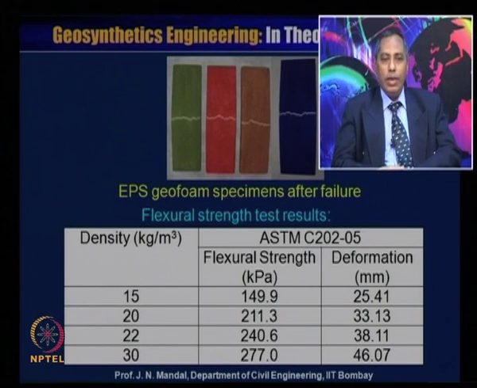When density is 22 kg per meter cube, the flexural strength is 240.6 kilopascal and deformation is 38.11 millimeter. When the density is 30 kg per meter cube, flexural strength is 277 kilopascal and deformation 46.07.